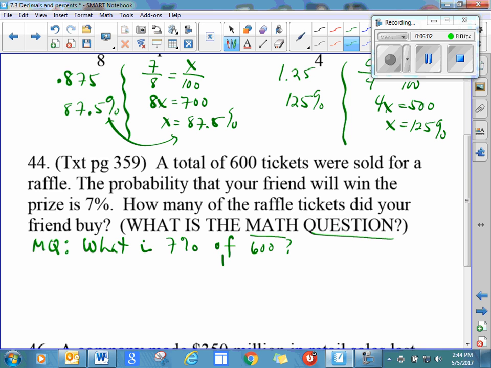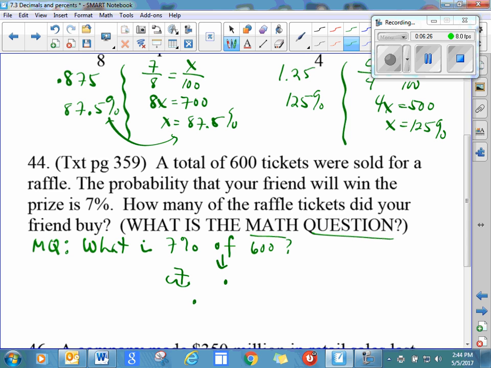But remembering that of is multiply, we are going to multiply 7% times 600. So we cannot work mathematically with the percent sign. So we need to turn this guy into a decimal. So it says drop the percent sign, find your decimal point, move it 2 places to the left, 1, 2.